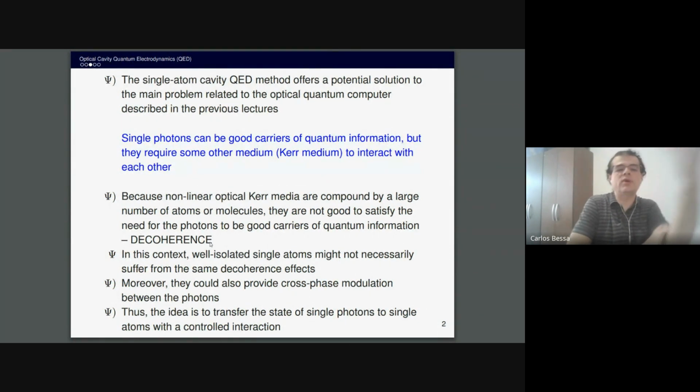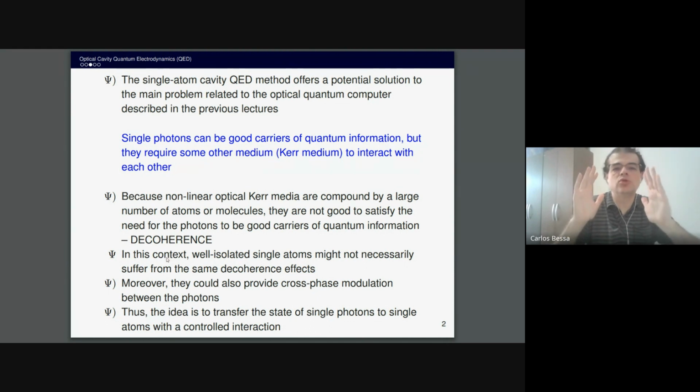That's the problem: many of these photons will be absorbed by the material instead of carrying this information, interacting with the atoms, and the atoms interacting with the other photons, so that information is passed from one to the other. So it would be much easier if your material has only single atoms, and it would be much easier to control, which is the idea here.